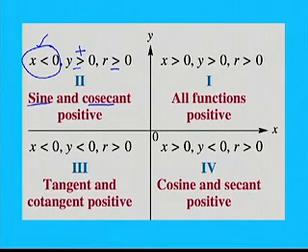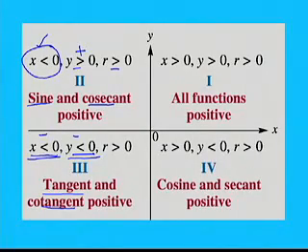Well, in quadrant 3, both x and y are negative, which means anything that involves x and r or y and r will also be negative. Anything that involves both x and y, a negative and a negative, would then be positive. Hence, tangent and its reciprocal cotangent are positive in the third quadrant.